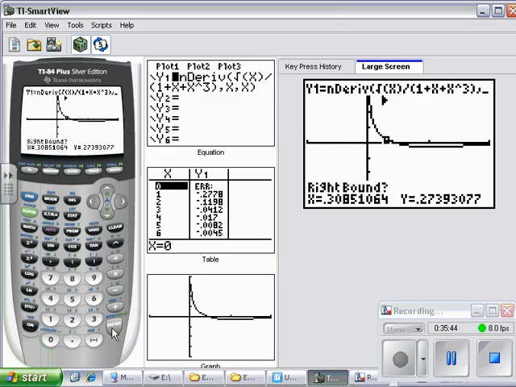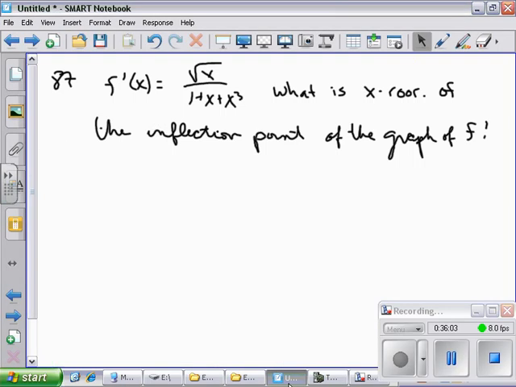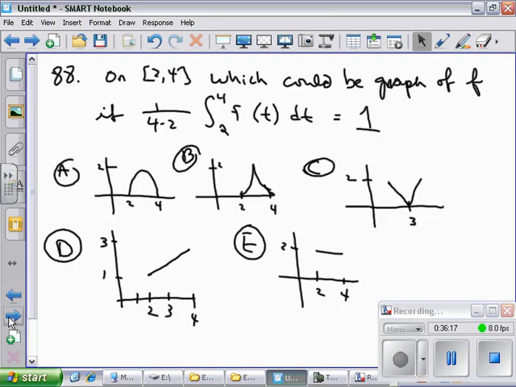And when I do right bound, I have to go until y changes sign, or I will get an error. And we get the second derivative changes sign at 0.473. So we graph the second derivative by using nDeriv, the first derivative, x, and found out where it changed signs.